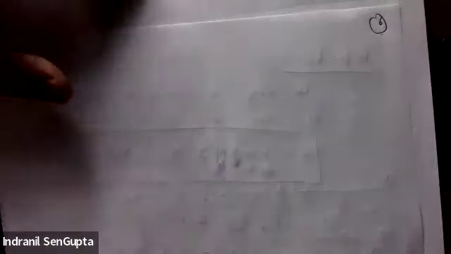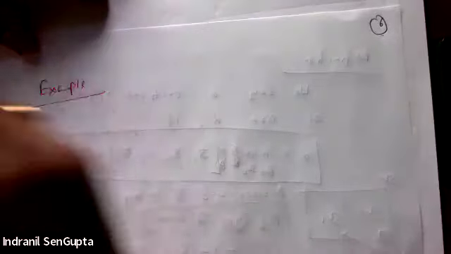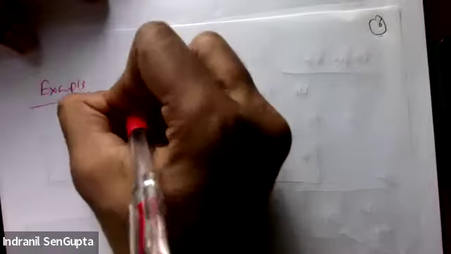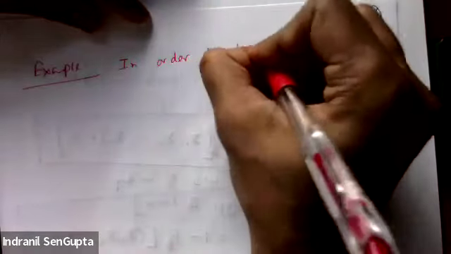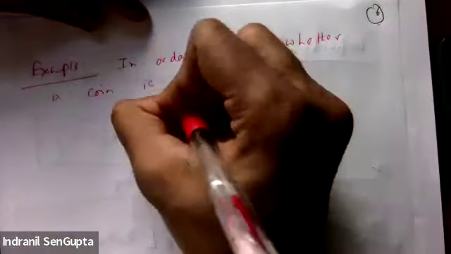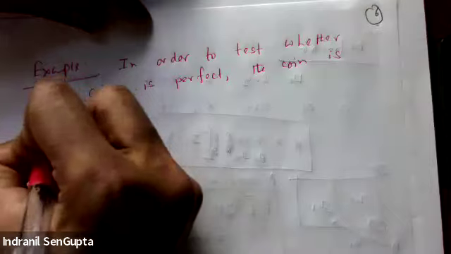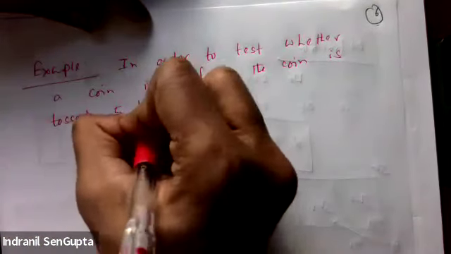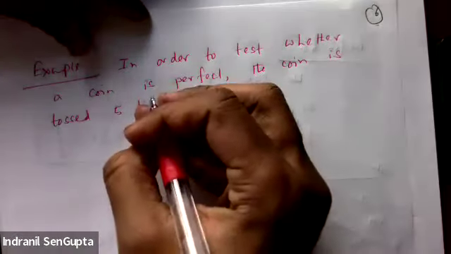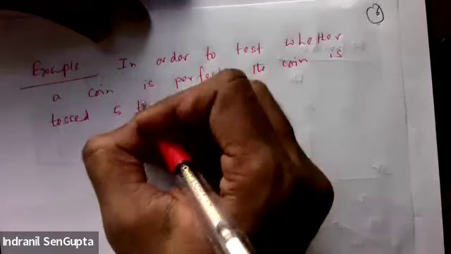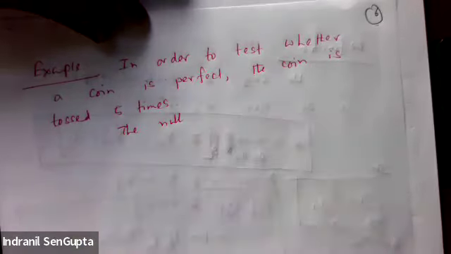Okay, let's do this one. So example: in order to check whether a coin is perfect, the coin is tossed 5 times. The null hypothesis here is that the coin is perfect.